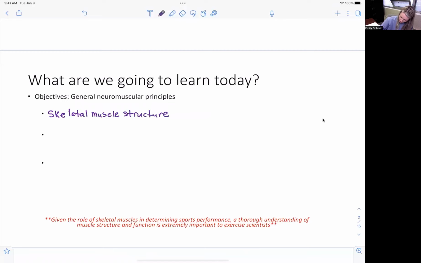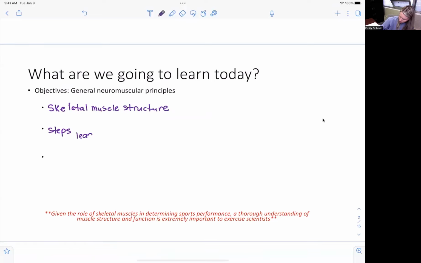We're also going to talk about the steps leading to muscular contraction, and muscular contraction will be our next lecture. And finally, really just reviewing the neuromuscular junction.